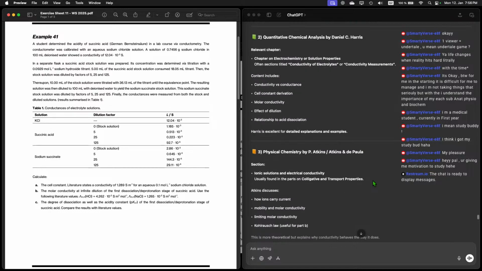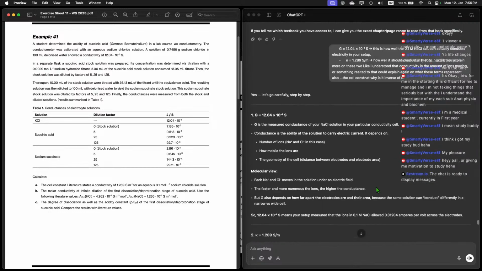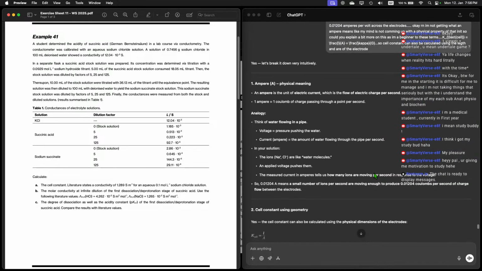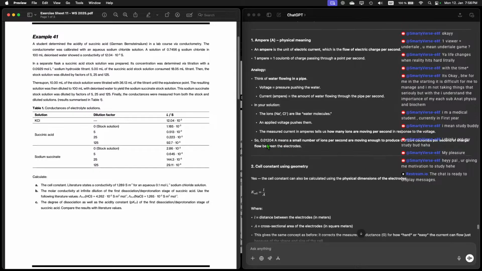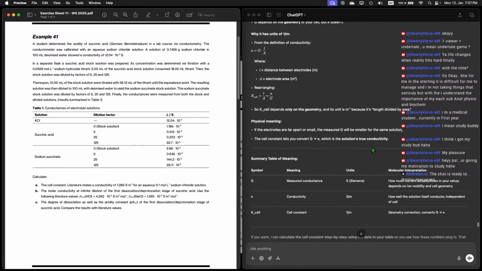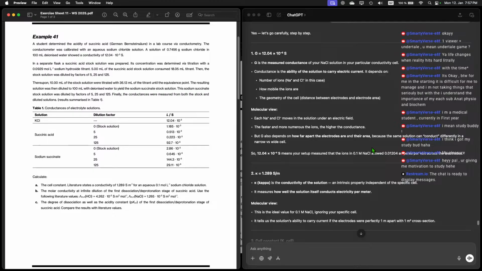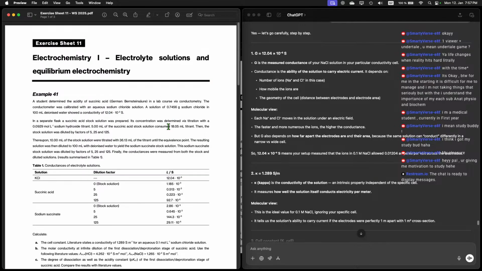Now, what was the literal meaning? Setup measured. Okay, wait. So ampere is coulomb per second. Okay. It's 12.04 into 10 raised to minus 3 Siemens.